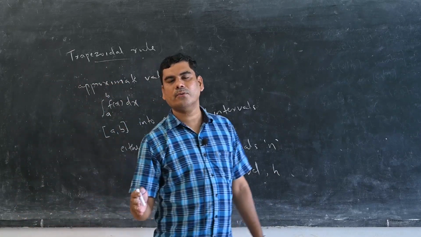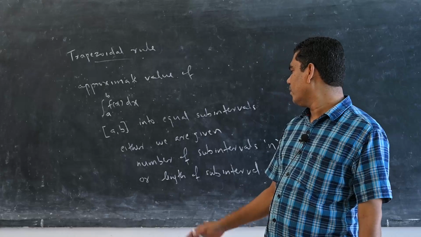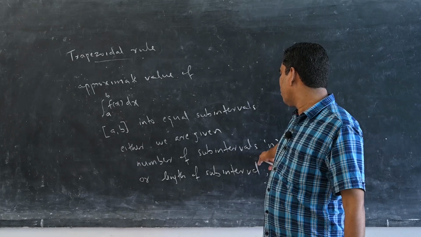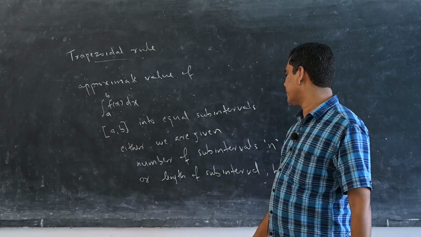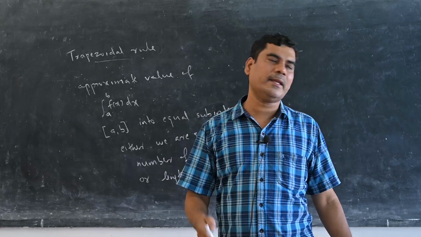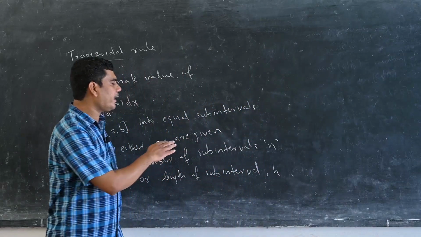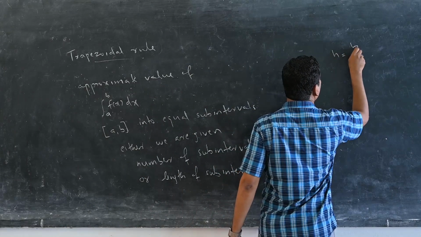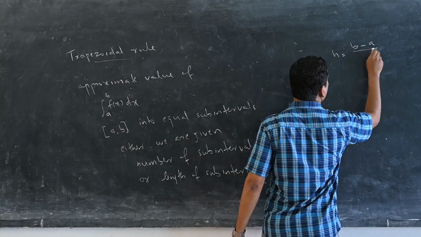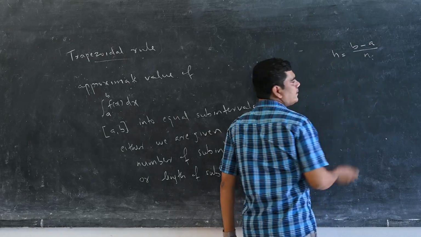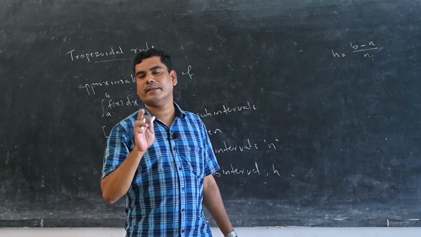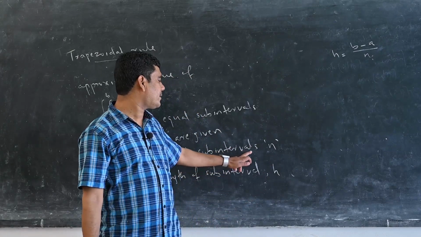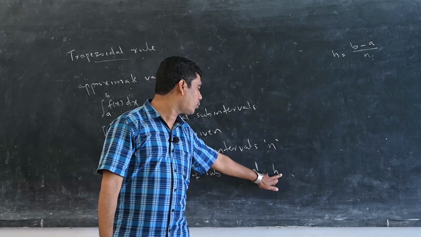We divide AB into subintervals of equal length. The relation connecting this n and h is h is equal to b minus a divided by n. This is the relation connecting h and n. n is number of subintervals, h is length of the subinterval.